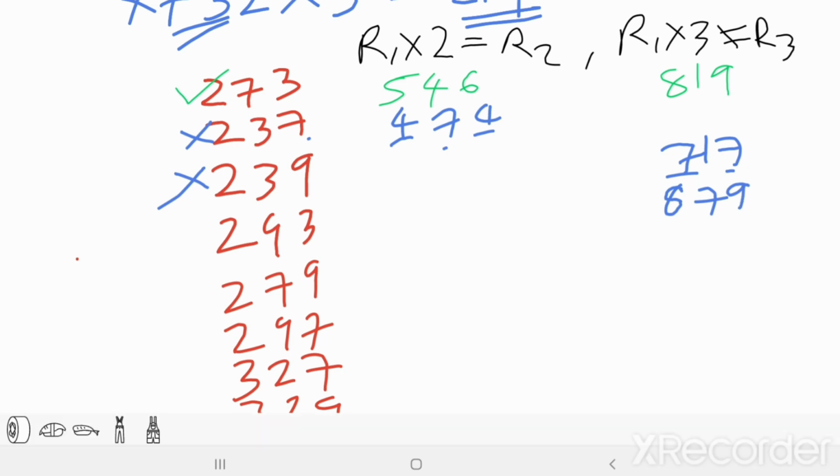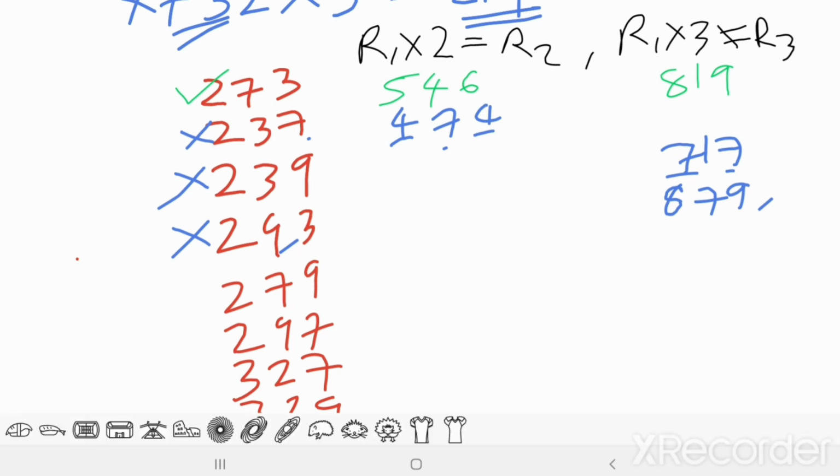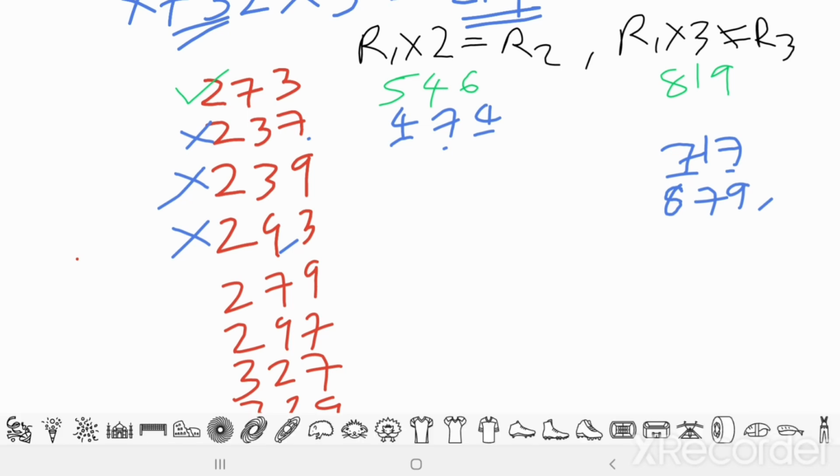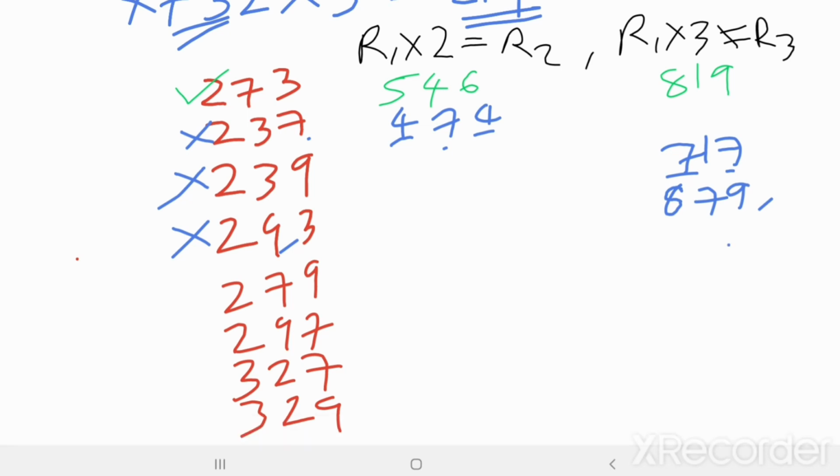So here 9 is repeating, so we can directly eliminate. 279, multiplying by 3 we get, 3 9s are 27, so 7 is coming again, so it is repeating here, so we can eliminate this.